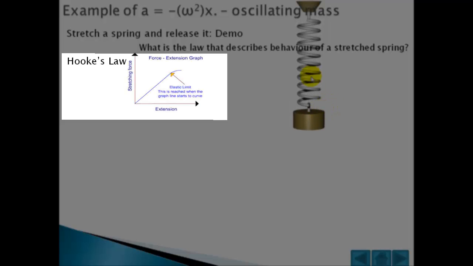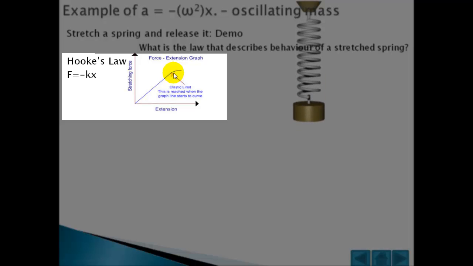And this is basically what it looks like. If we apply the stretching force, we will get an extension and it will be proportional. In other words, if you double the force, you double the extension. The force is proportional to the extension until it reaches this point where it breaks or gets damaged. This is the Hooke's law limit.